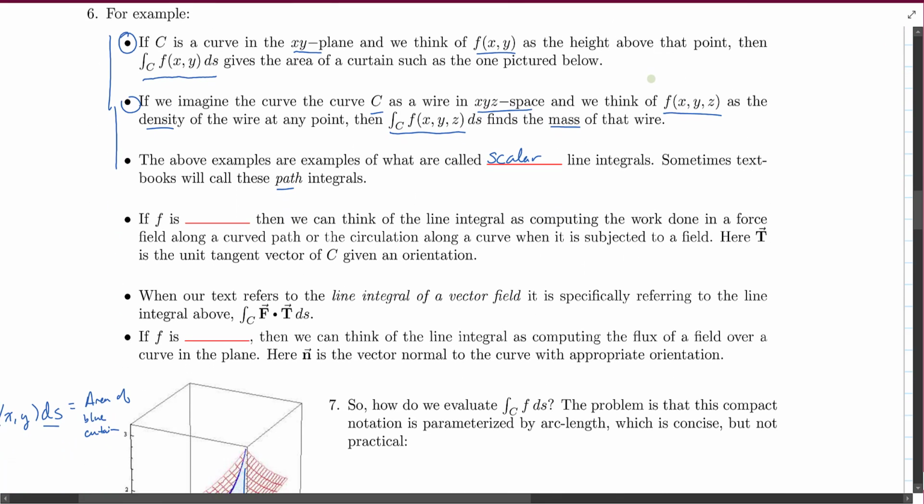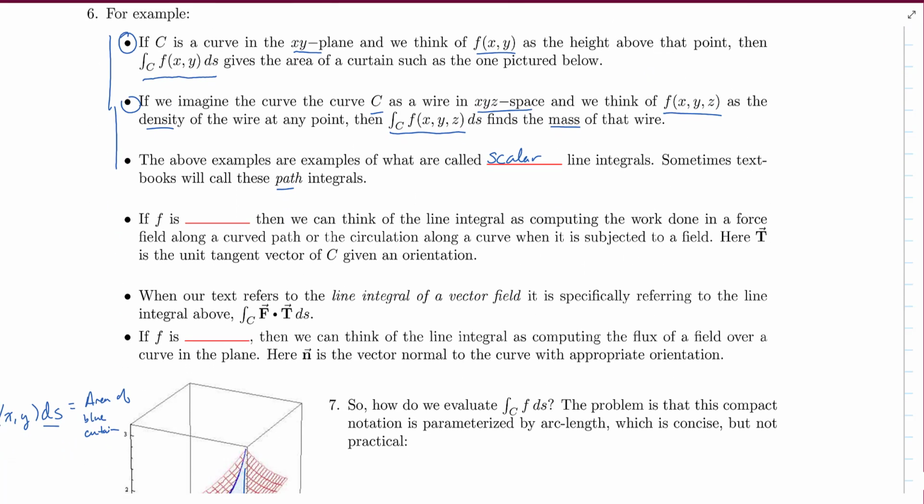But we've now introduced the idea of a vector field. And what we'd like to do is think of these curves, curve C, as sitting somewhere inside of a vector field, and then do some sort of meaningful integral that involves both the curve and the vector field.